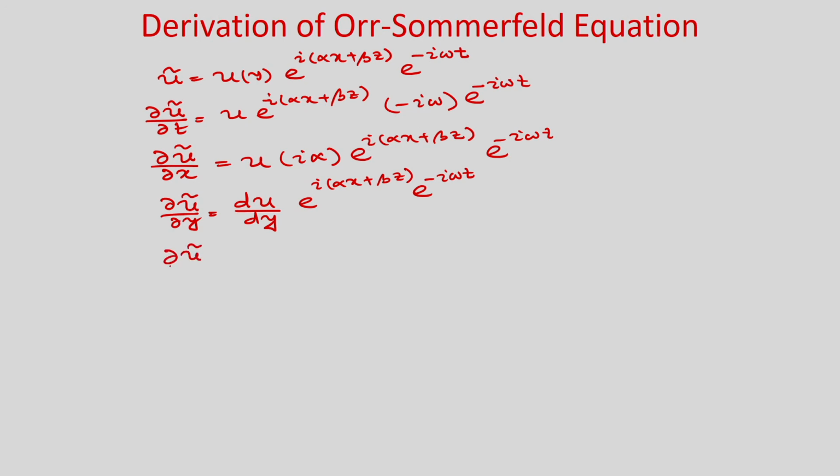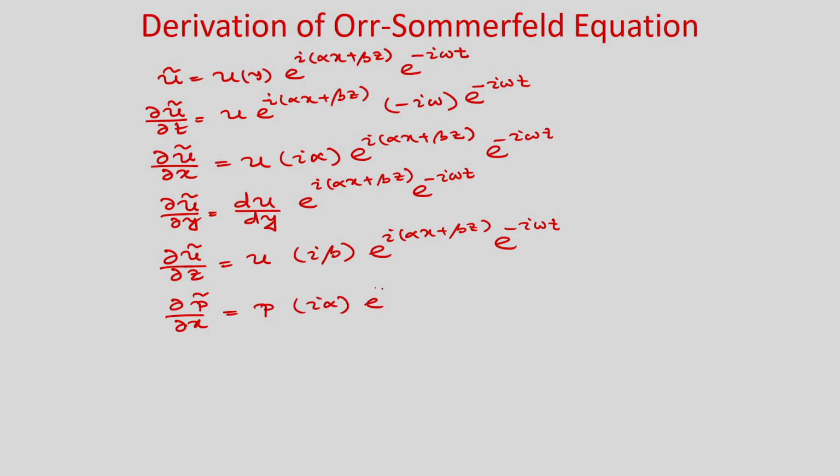Del u tilde by del z, we can write u i beta e to the power i alpha x plus beta z e to the power minus i omega t, and del p tilde by del x will be p i alpha e to the power i alpha x plus beta z e to the power minus i omega t.